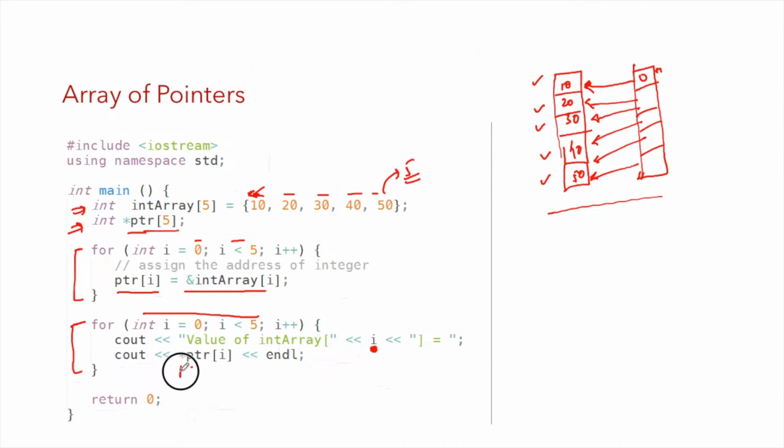So what is technically happening over here? In the first iteration, I'm writing star ptr i. So this is my ptr, and this is my integer array.